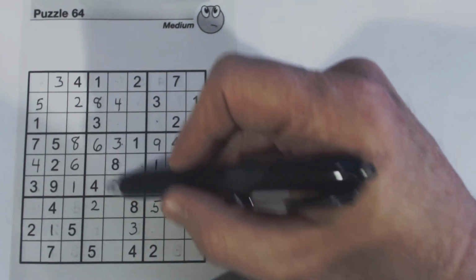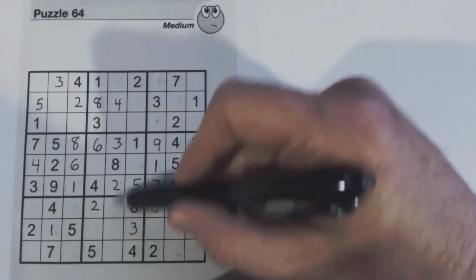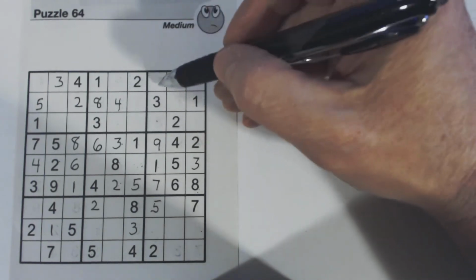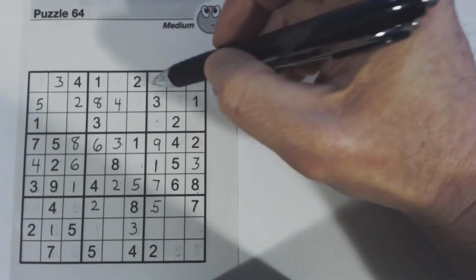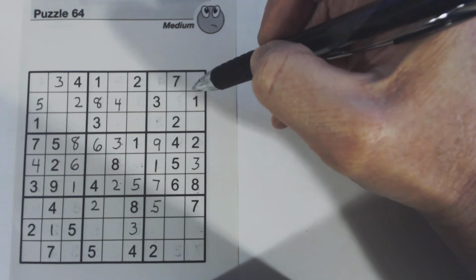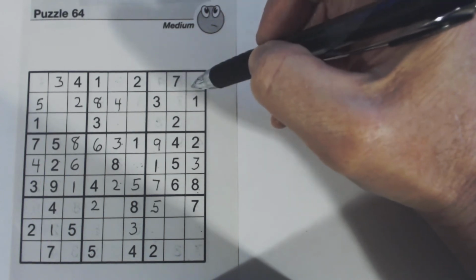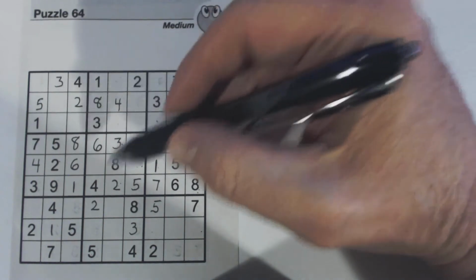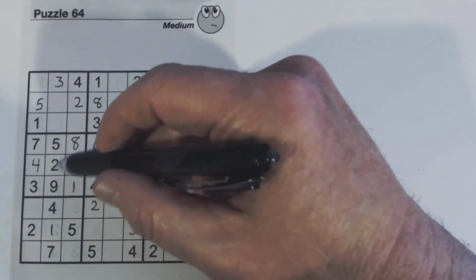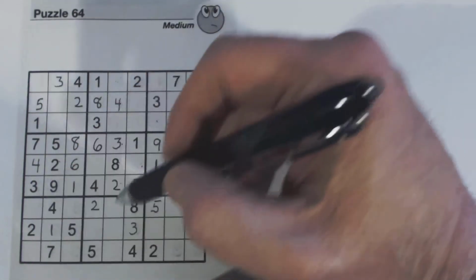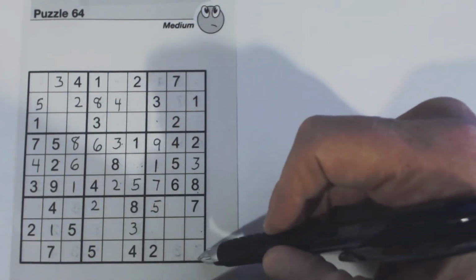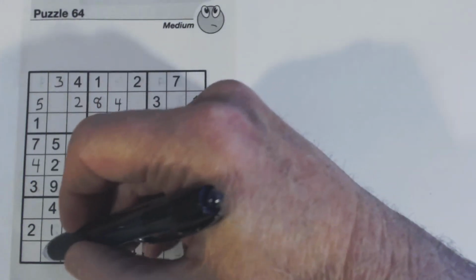We also see there's a 6 here, so one of these has to be a 6. So one of these has to be a 6 right here. Okay. Let's see, do we have twins there? I don't see any twins. Okay. So let's go 6, 6, 6. Okay, can't narrow those down anymore.